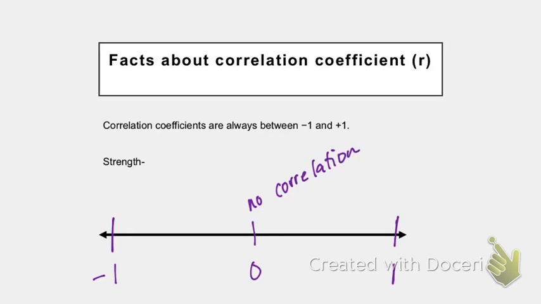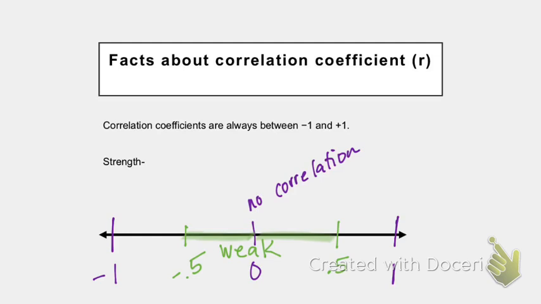If it is anything between -0.5 and +0.5, we consider that to be weak. So if it's exactly 0, there's none. If it's anything between -0.5 and +0.5, excluding 0, then it is weak.